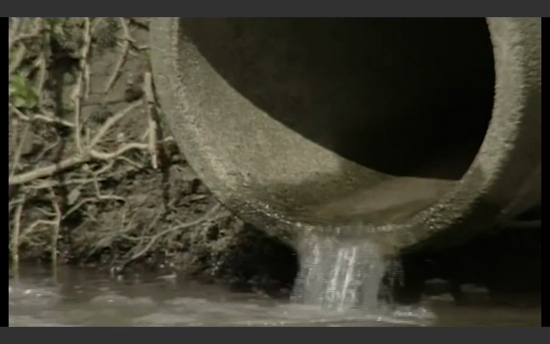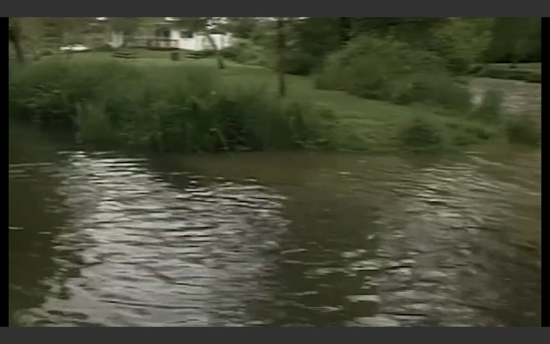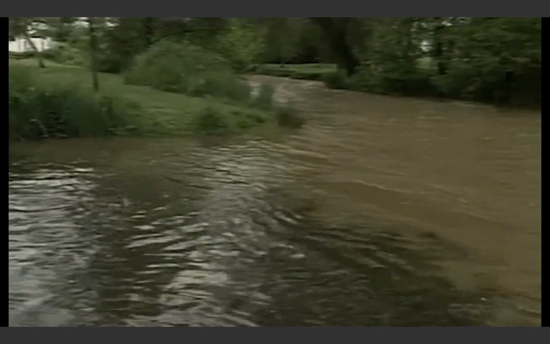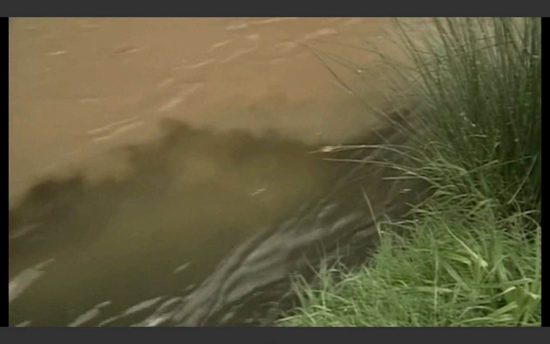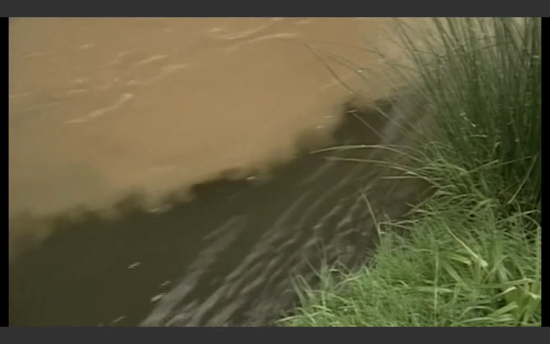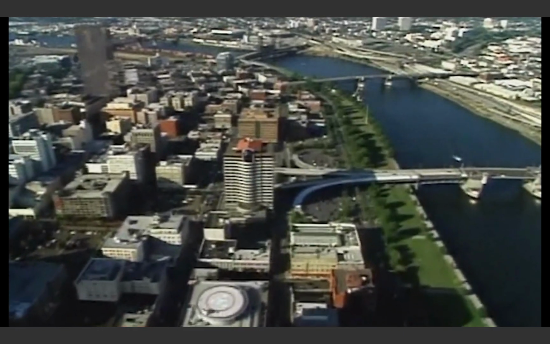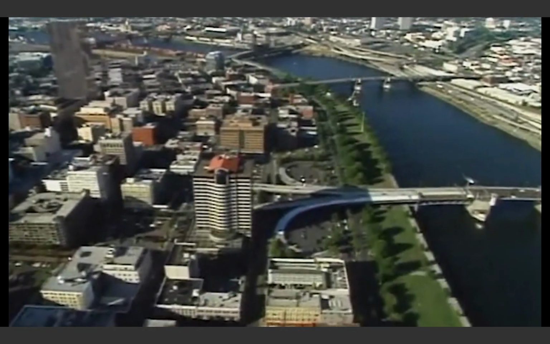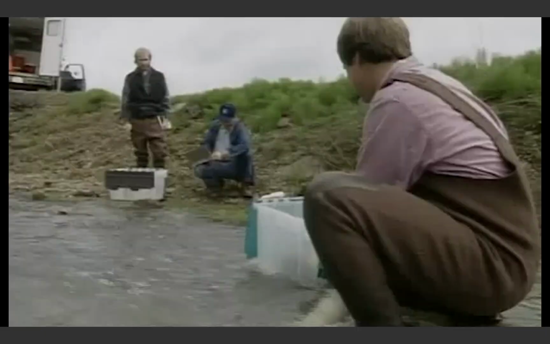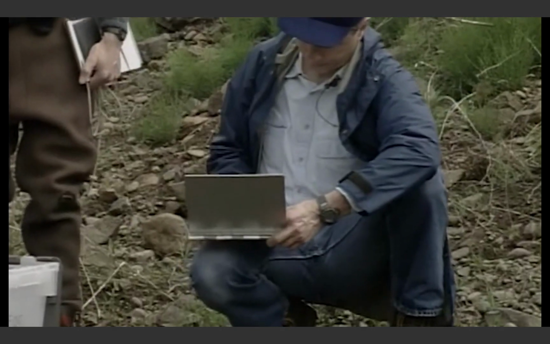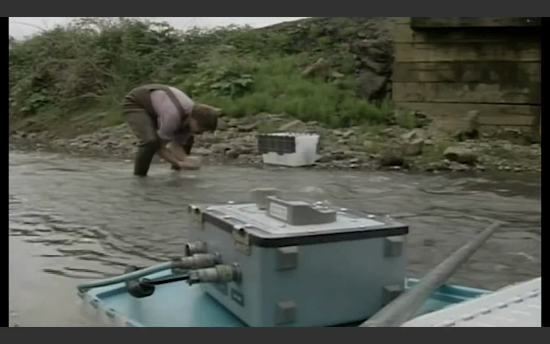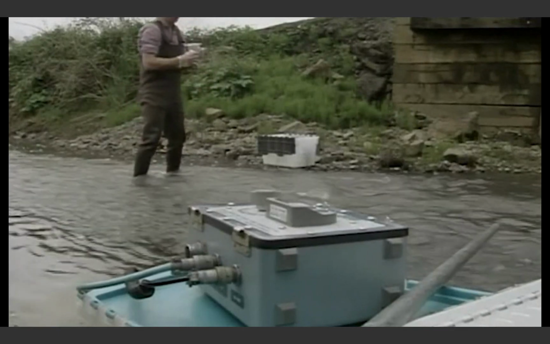Attention is being drawn to permits that allow mixing zones, areas where pollution is allowed to exceed water quality standards until it mixes with the receiving stream and becomes diluted. A 6-mile stretch of the river in the Portland Harbor is now a federal Superfund site. This area is highly polluted with toxins, heavy metals, and other substances, and the cleanup will likely take a decade.